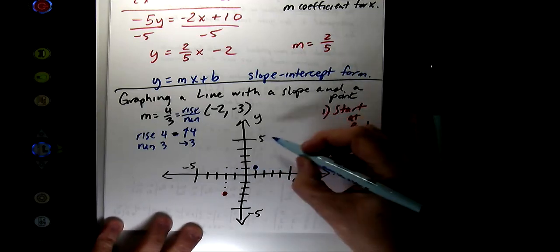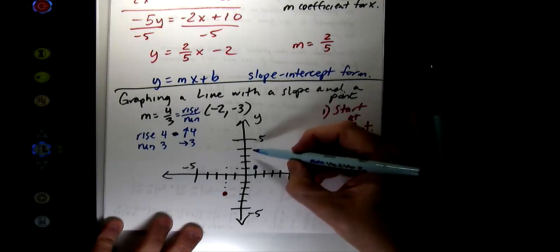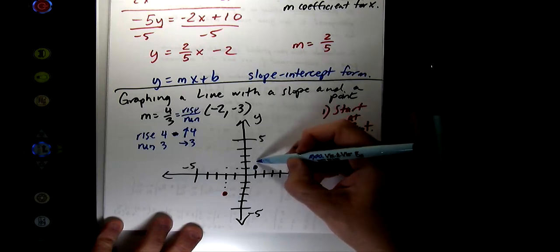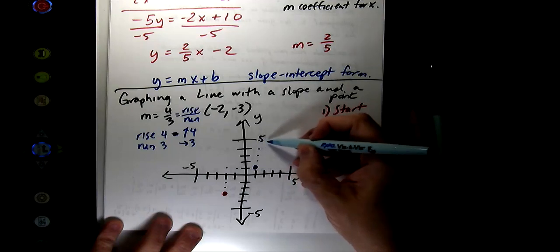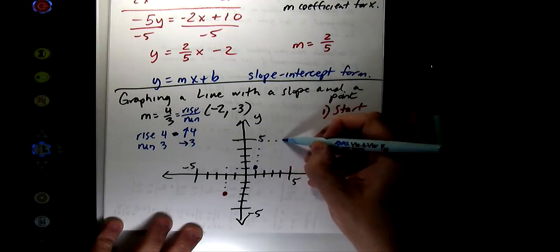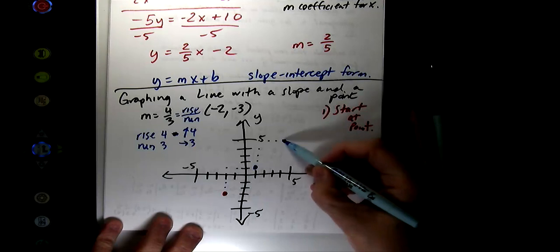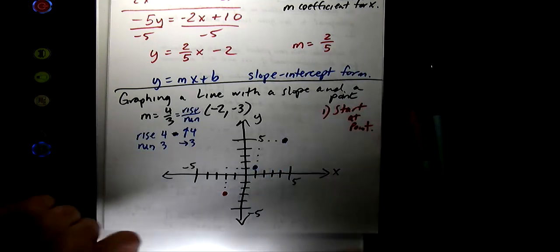And if you want to make drawing your line easier and it's a small slope, you can do it more than once. It makes connecting the dots easier.